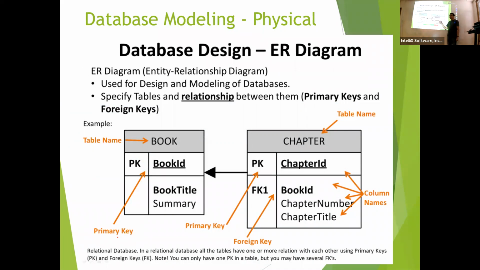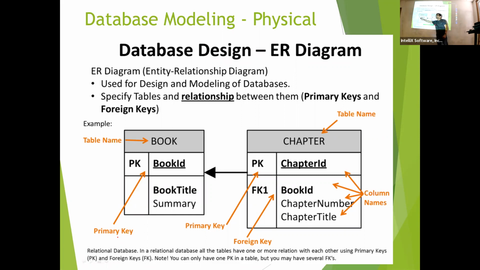That's what makes it work. That's why I can write some queries and find out how many chapters I have in this book. I can answer that. If I don't have book ID, can I tell? I cannot relate these two tables. Okay, so they put the book ID here.